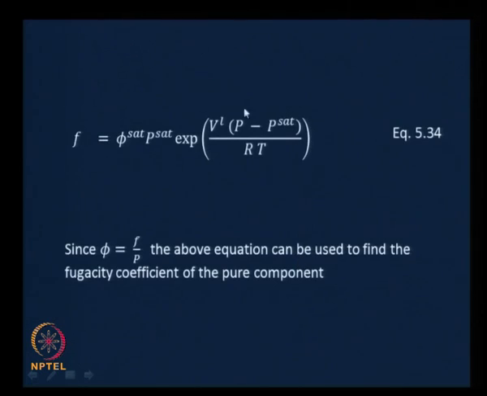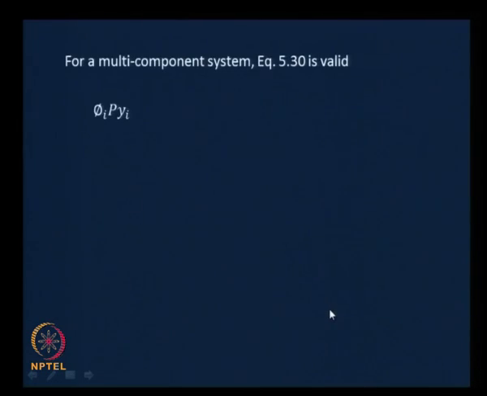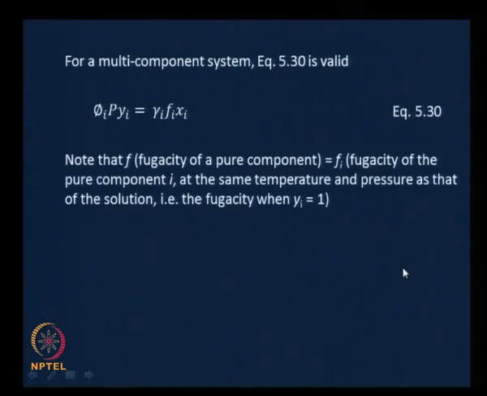This was for the pure component. We could write fugacity as phi sat p sat exponential, this is the Poynting factor, and then for a multi-component system this is valid as what we saw earlier in equation 530.